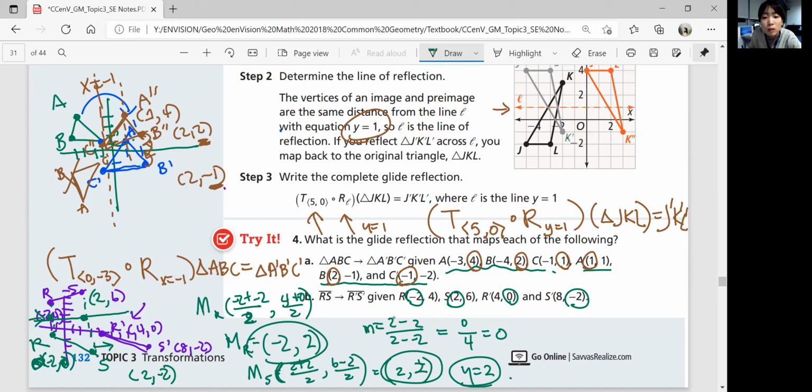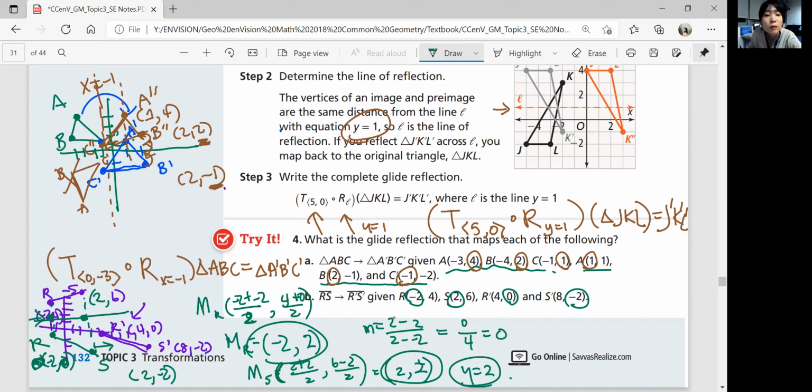Okay. So after reflection, you have to slide to the right. How many units? From -2 to 4 is going to be a total of 6 units, right? So that's 6 units to the right.